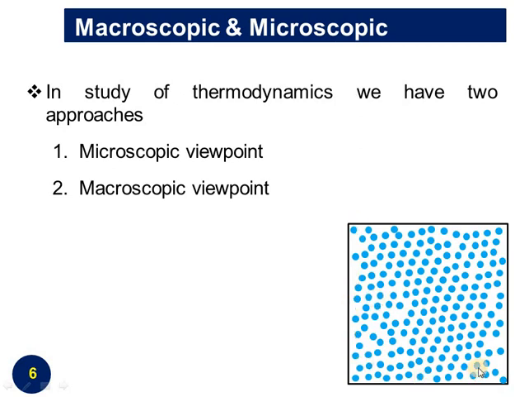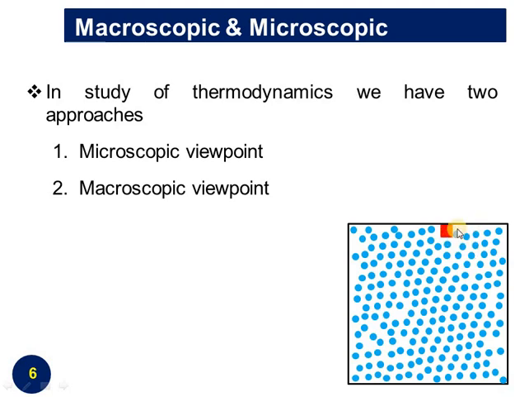So it is a very complex process because we have to solve the equation for each molecule, and after that we will take the average to define the property. However, in the second approach, which is the macroscopic approach, we take a small portion inside this system and we find out the average behavior of molecules in this volume, and with the help of that we can define the property for the entire system.